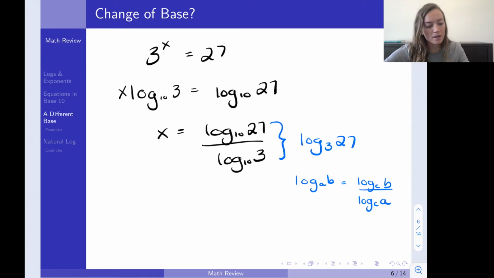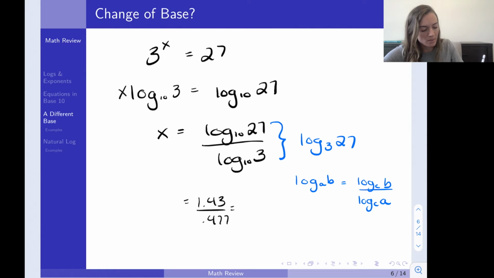If you did it this way and plug this into your calculator, it would come out to like 1.43 over 0.477, which is equal to 2.99. So it's basically equal to 3.